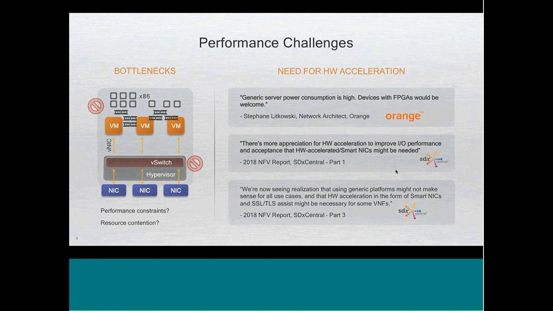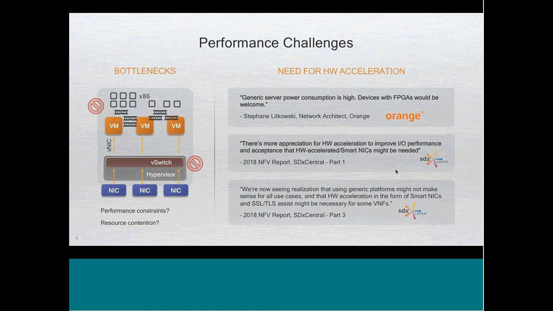Performance challenges. On the left-hand side, what we're showing here is a typical x86-based architecture that is used in a networking device. And I'm talking about only the left side of this picture here.